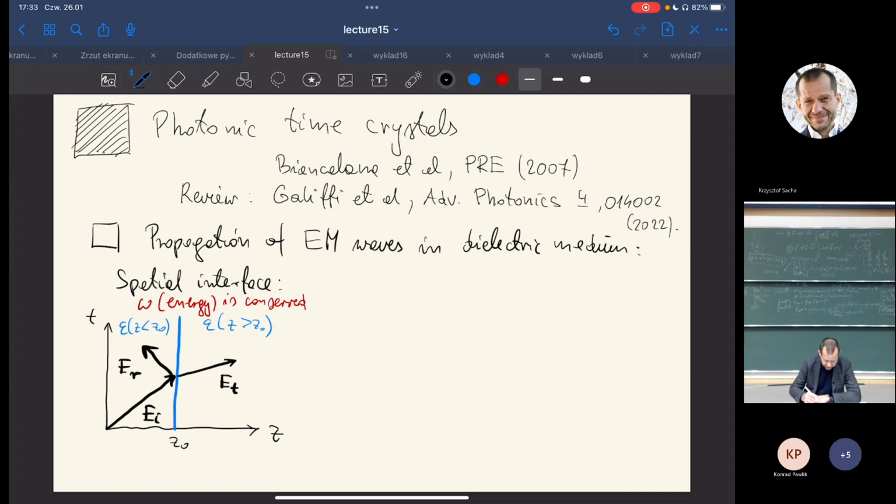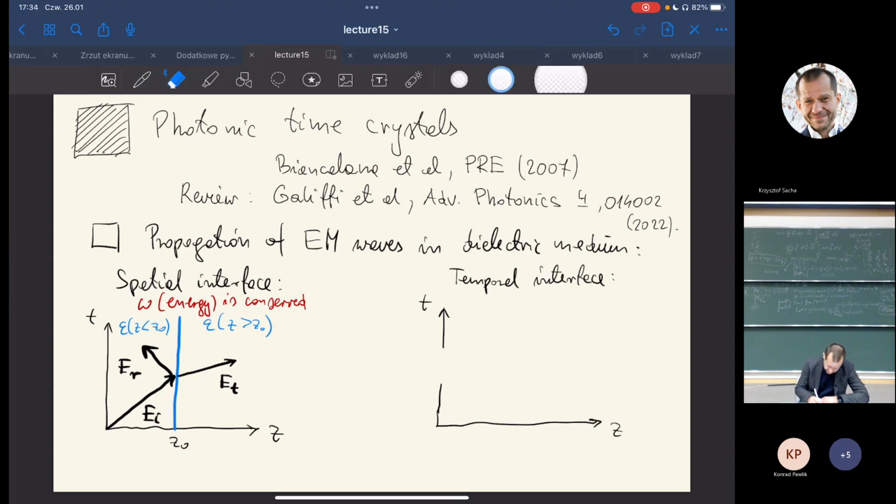And now let us consider a temporal interface. So we have a similar plot, but now at a certain time t the dielectric constant changes.